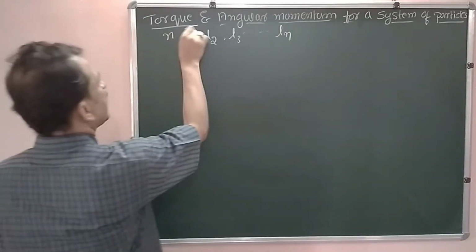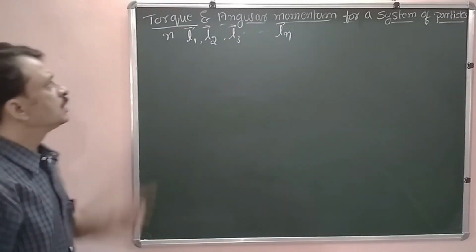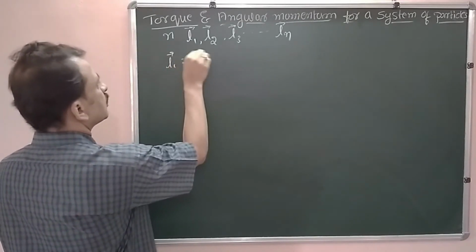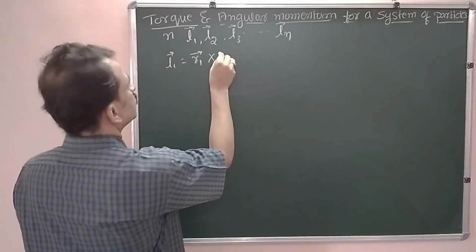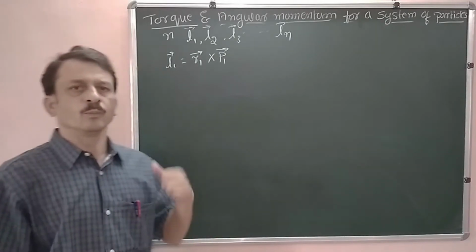This is the angular momentum of each particle. Now L1 is given by R1, the position vector of the first particle, cross product with P1, the linear momentum of the first particle, that we know.